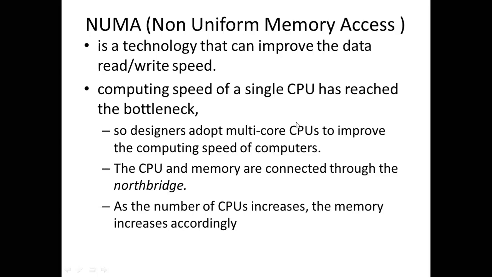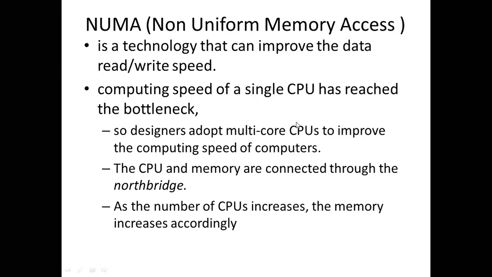So you might have noticed that these days, most of the computers, if not all of them, have several cores in terms of CPUs, because having one CPU has reached a bottleneck. In other words, it has reduced the performance of computers.